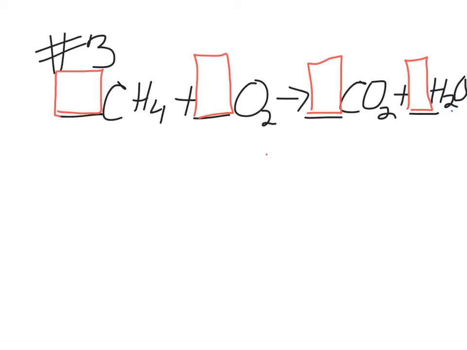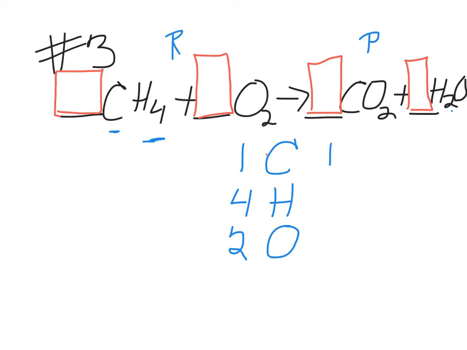Okay, so first step is this is called the tally method. You have carbon, you have hydrogen, and you have oxygen. Okay, how many carbons do I have? I have 1. How many hydrogens do I have? I have 4. How many oxygens do I have? I have 2. Now let's look at the product side.